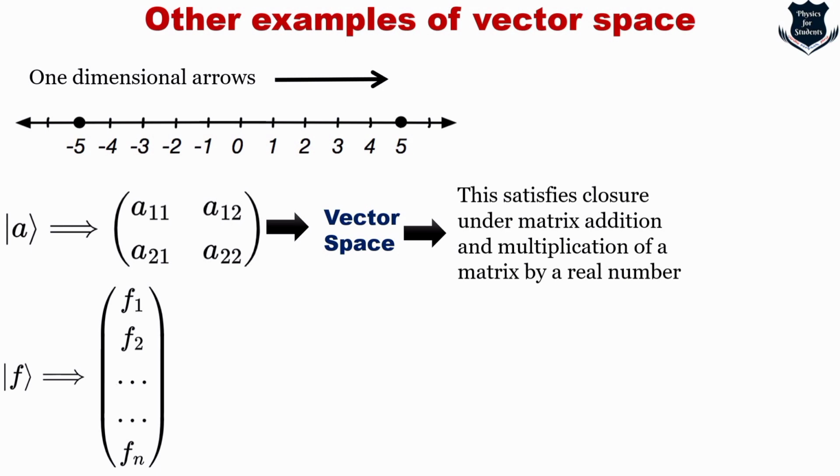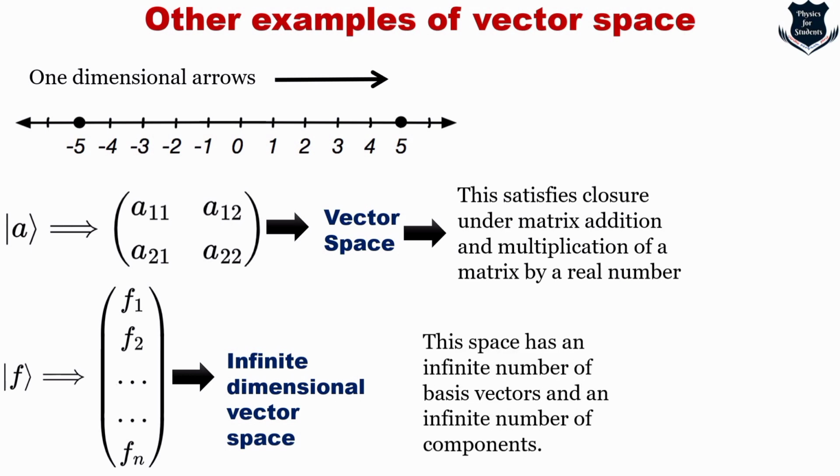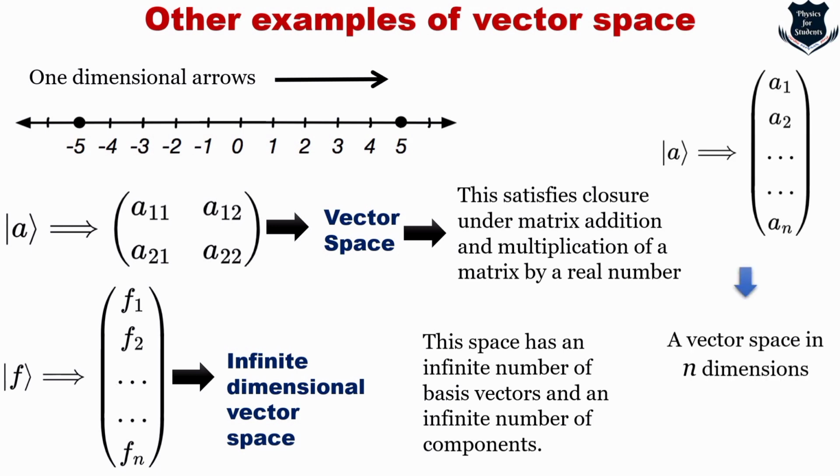A vector space of n dimensions has n basis vectors, and these lead to n vector components. And this is the infinite dimensional vector space, which has an infinite number of basis vectors. Further, you can see this one, A1, A2, and this can be a vector space in n dimensions.